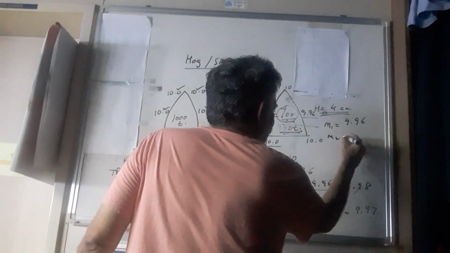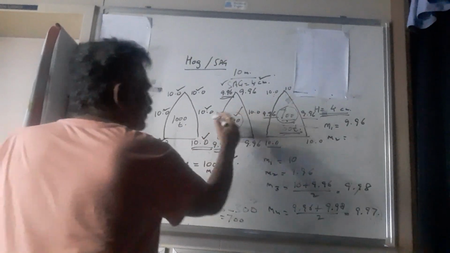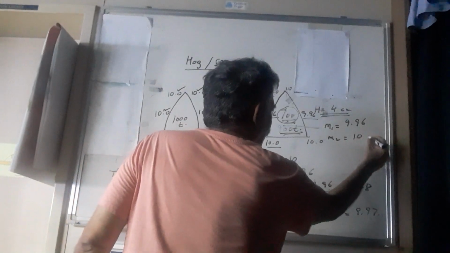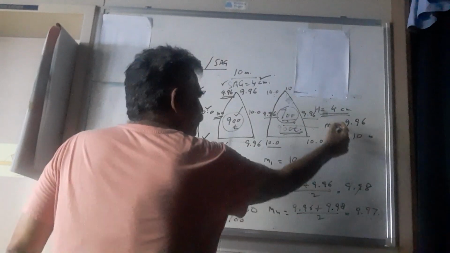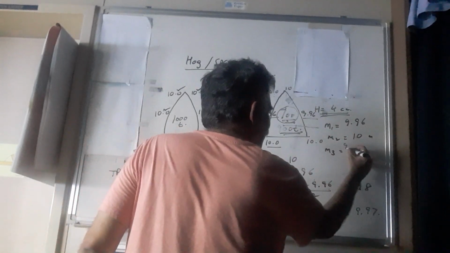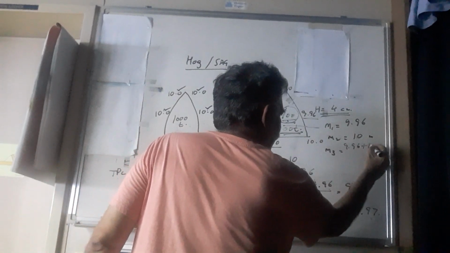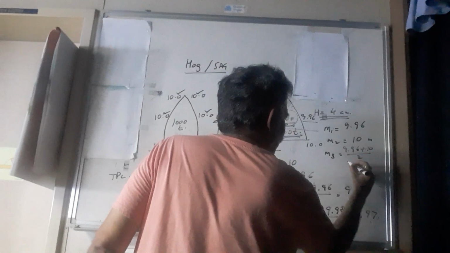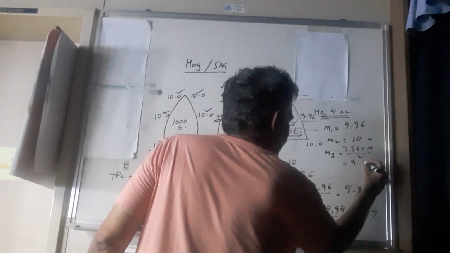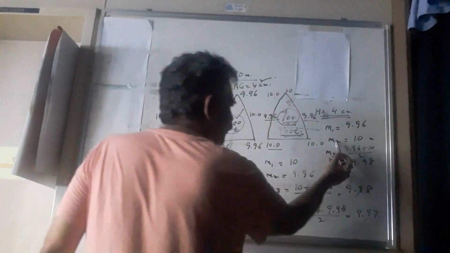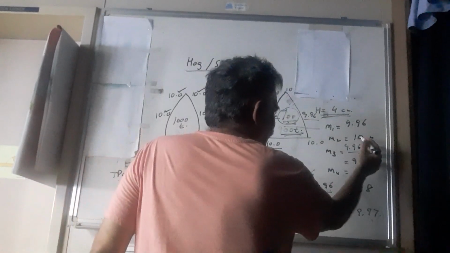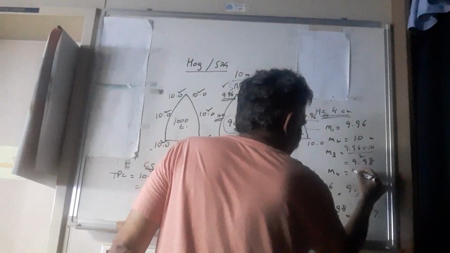M2 would be the average of port and starboard midship, which is 10. And M3 would be average of M1 and M2, which would be 9.96 plus 10 divided by 2, and this is 9.98. And then M4 would be the average of M2 and M3, with average of 10 and 9.98.